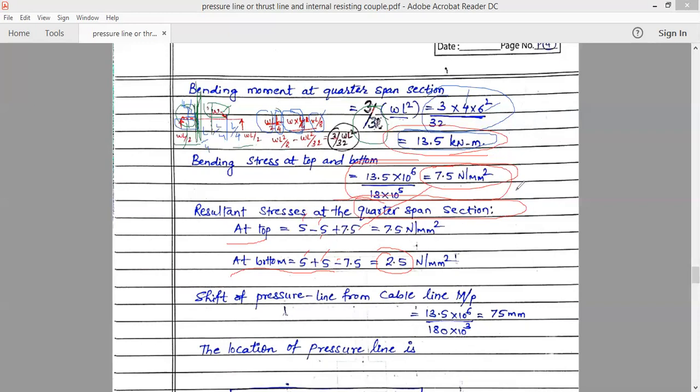So now we will calculate again the value M by P, that is the lever arm distance. So shift of the pressure line from the cable. If I want to get the value from the cable, students, you must note down one thing here: from where you want to calculate the distance. So let's say I want to calculate the distance from the cable position.